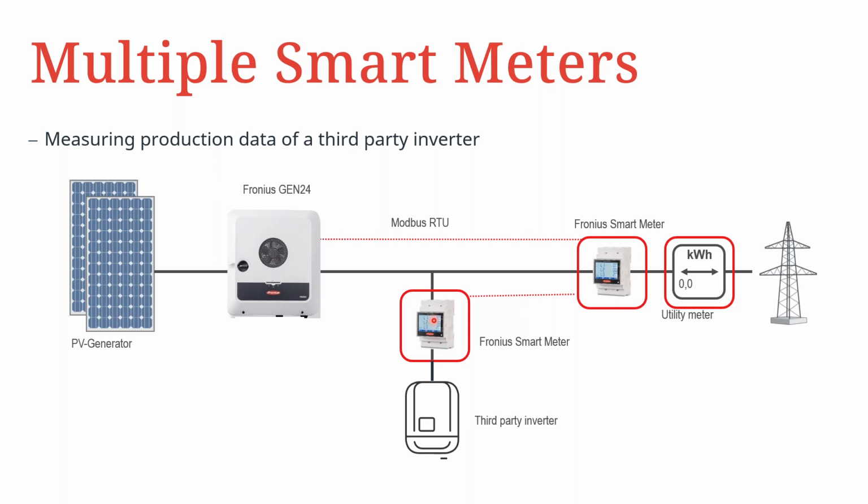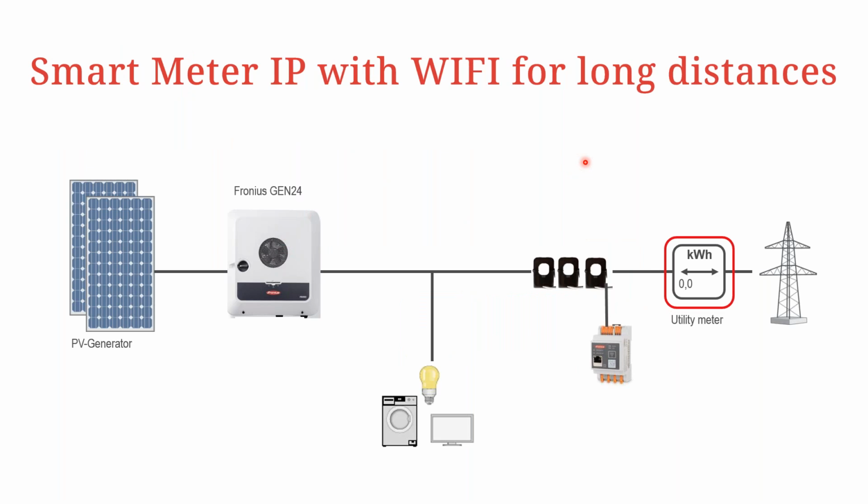The same kind of connection will be done. You'd have your primary smart meter, and this would be just a typical energy meter to show you how much this inverter is generating. Then you have the Modbus connection from this smart meter to the primary smart meter, and then on to the inverter for communication of this data.